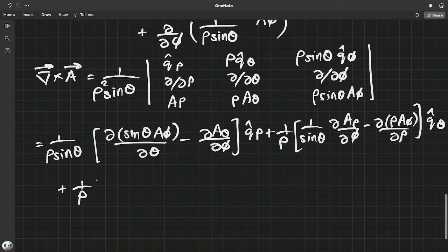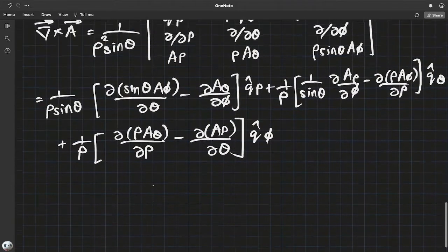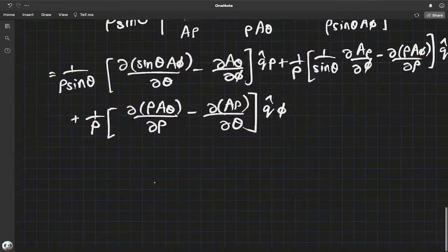Plus 1 over rho, partial of rho A sub theta with respect to rho minus partial A sub rho with respect to theta, phi hat. Wow, too many Greek alphabets.